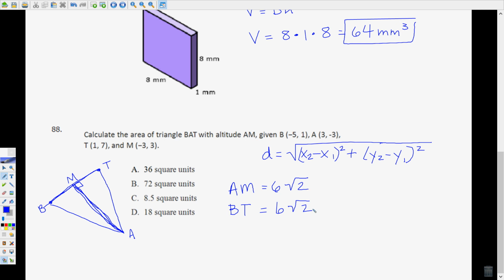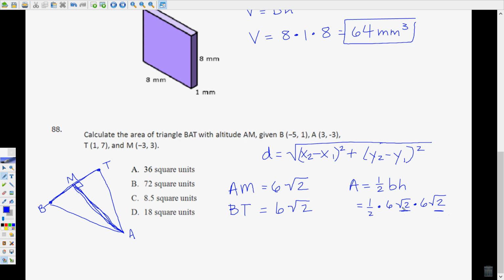Kind of nice. Then to find the area of this triangle, area of the triangle is equal to 1/2 base times height. So 1/2 times 6 square root of 2 times 6 square root of 2. And what's nice about this, because they both have a square root of 2, is when you multiply square root of 2 times the square root of 2, you get 2.